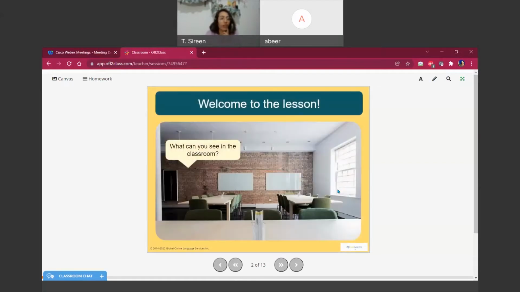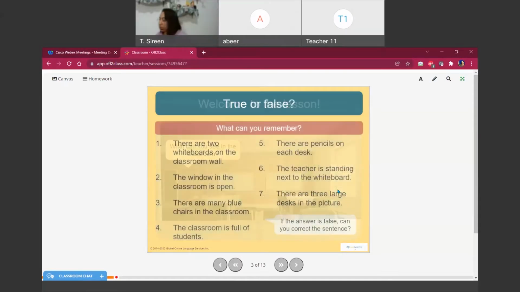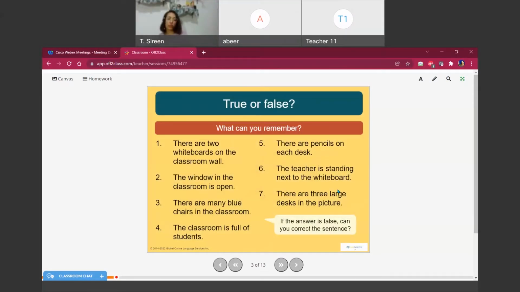Green. Very good. 4. The classroom is full of students. False. So لما نقول فارغ, what do we say? It is empty. Very good.